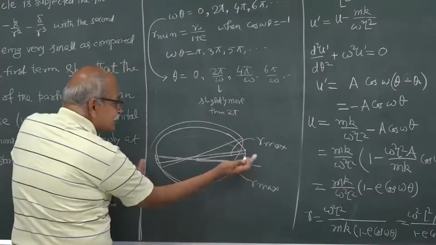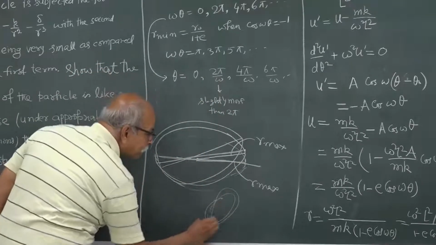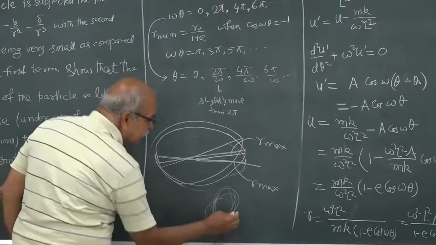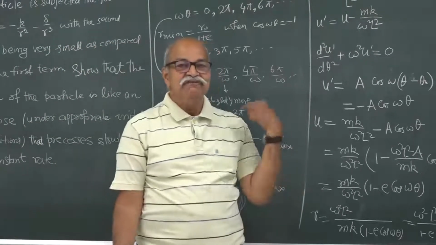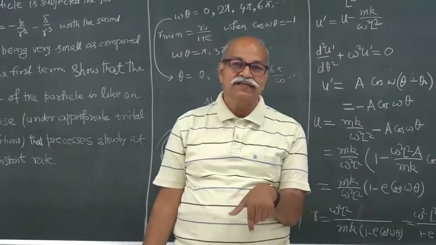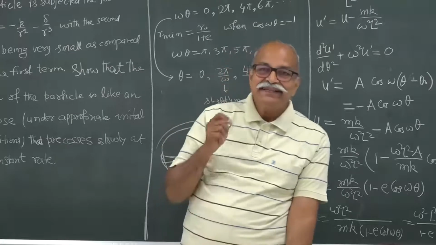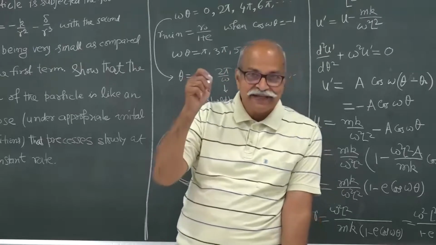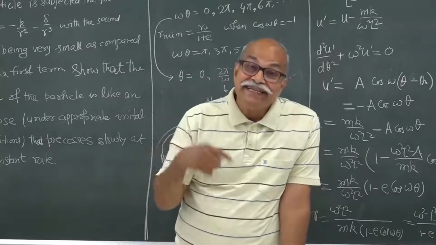So the major axis is turning, the whole ellipse is turning, and that is the precession. If the inverse square force is slightly disturbed, and that slight disturbance is of 1 by r cube type, then the path will be a precessing ellipse.